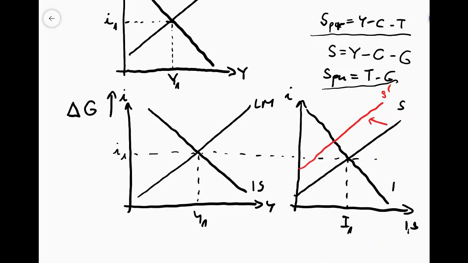Leftward negative shift in savings. And then the new equilibrium must be, due to the crowding out effect, a lower level. And equilibrium investment decreases therefore. And we know that for the equilibrium to happen, there must be also a higher interest rate.